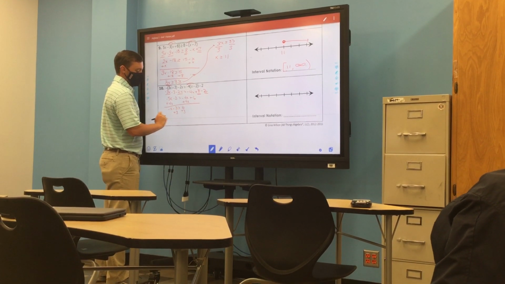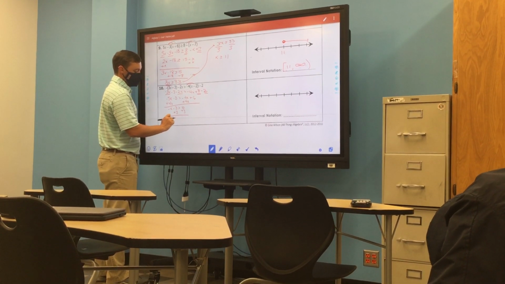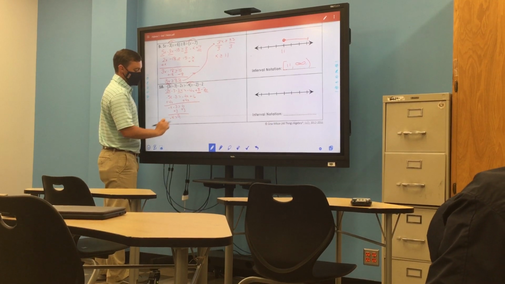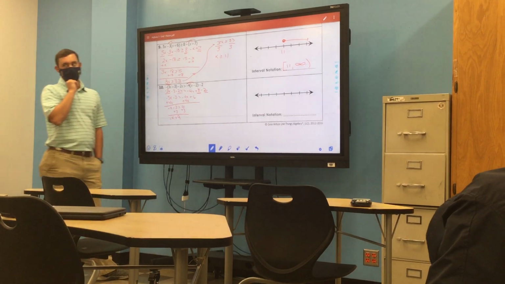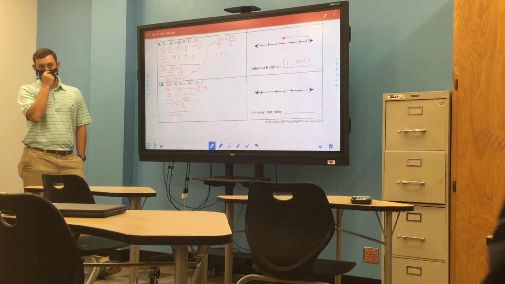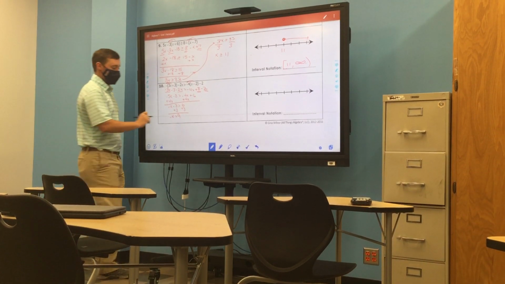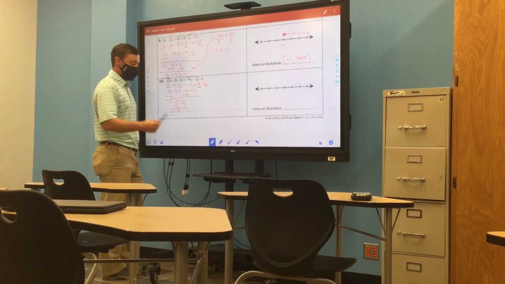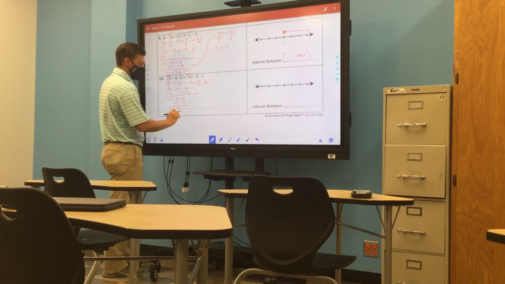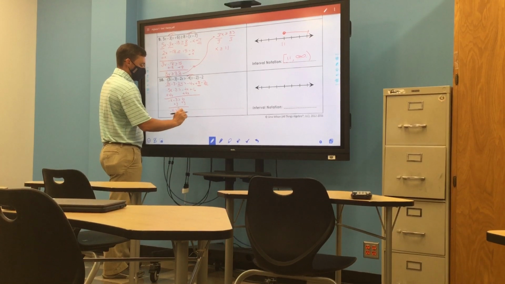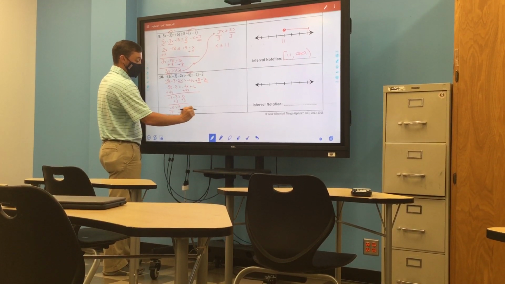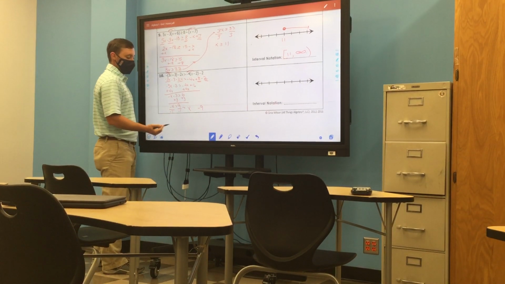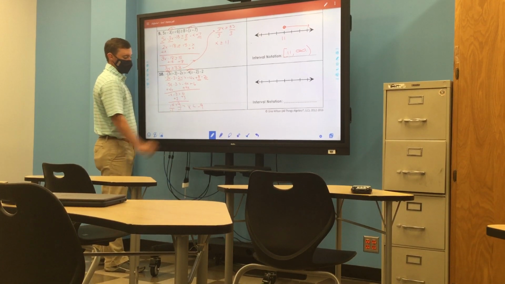You get negative x is greater than 9. Next step: divide by negative one. You get negative 9, and you also need to flip it to less than.